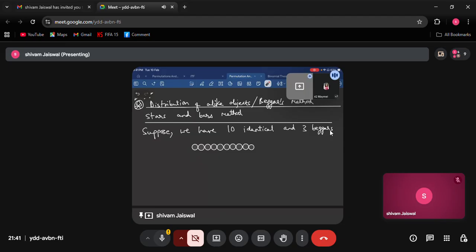So, will you be able to identify which beggar has got which coins, which beggar has got four coins or five coins? Will you be able to understand?